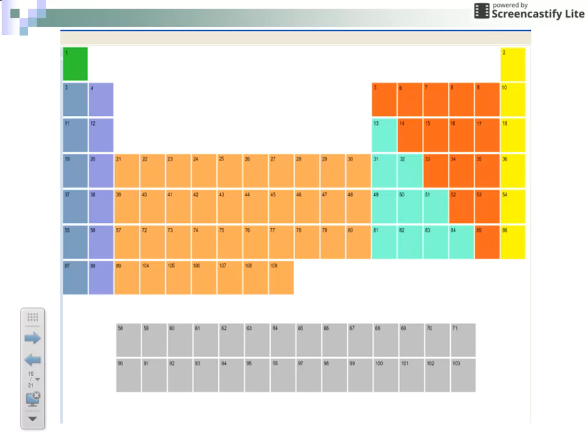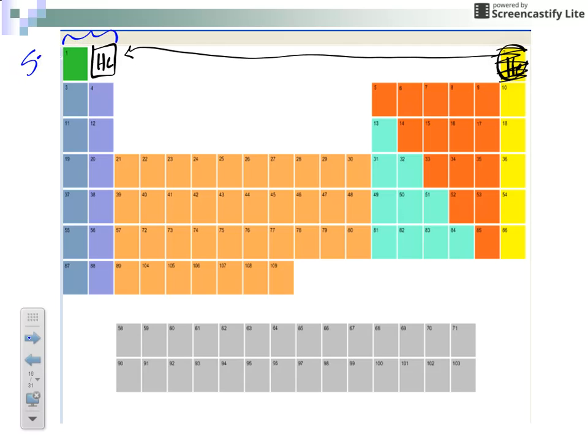This is where helium is usually, but for quantum numbers, we have to think about helium as if he lives right here beside hydrogen. So we're going to mark him over here, pretending he's living right beside hydrogen. This is called our S block.